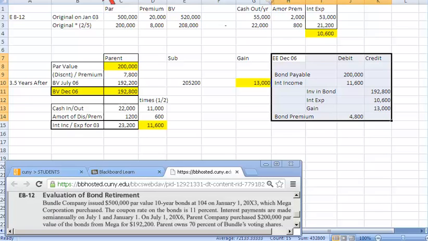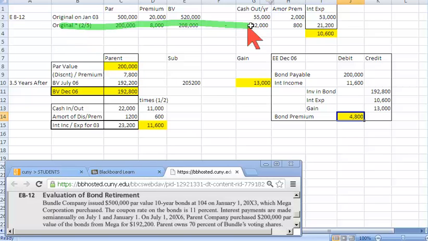And I'm going to try to explain that because it's a tricky one. This should be actually up here, but it doesn't really matter. I just didn't leave room over there. So how do we get 4,800? Basically, it's the premium that is left. Now remember, we're still on this line because we need to keep everything in proportion.